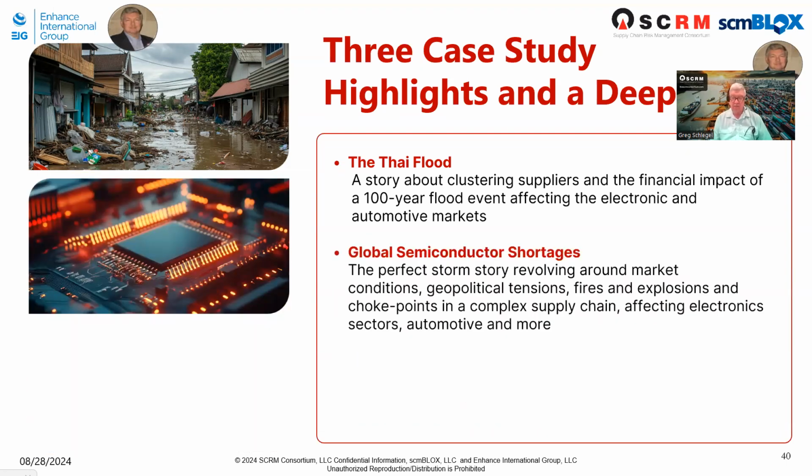That's kind of the perfect storm story, revolving around market conditions, geopolitical tensions, fires, explosions, all risk events, especially choke points in a complex supply chain. There is new U.S. legislation coming out of our Congress to mitigate some of those strategic risks.